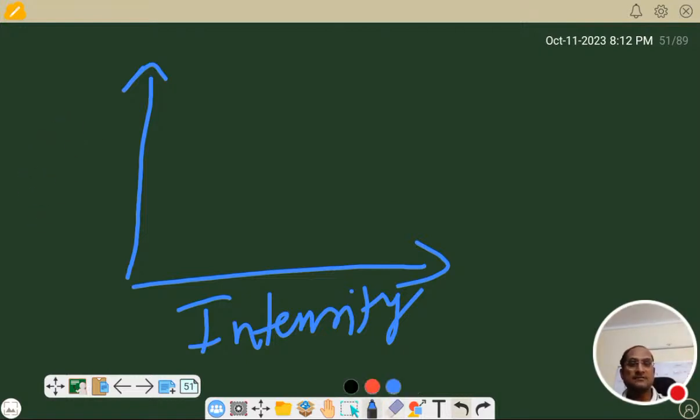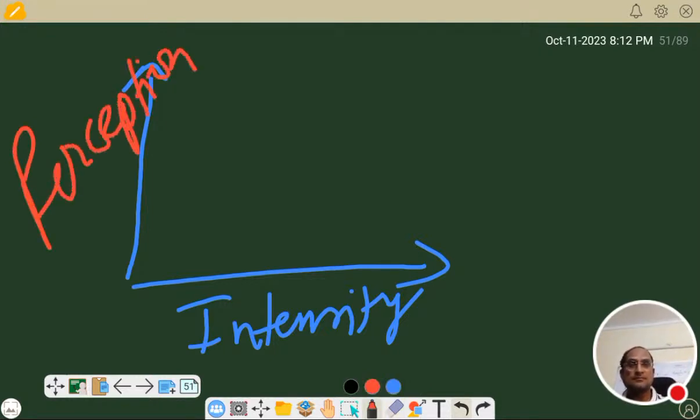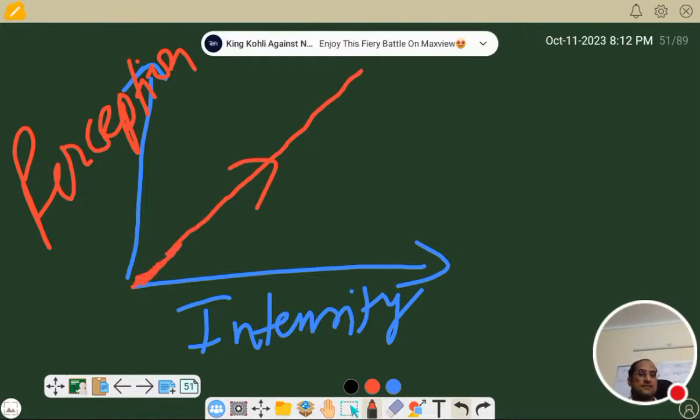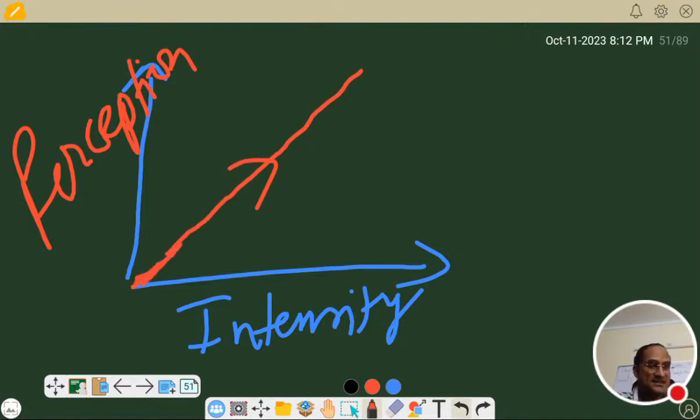The way we perceived it, this was going one to one. The way light's intensity changed, the same way our perception also got shaped.